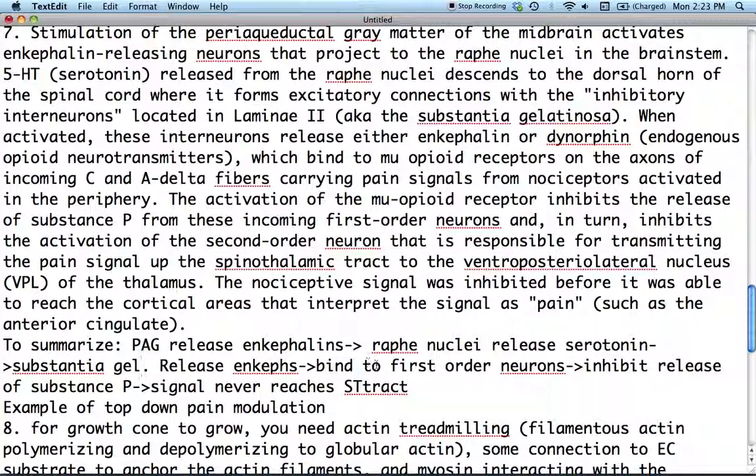Okay, so you've got stimulation of the substantia gelatinosa by these serotonin-releasing axons. What happens then? Now you are going to stimulate the release of enkephalins.